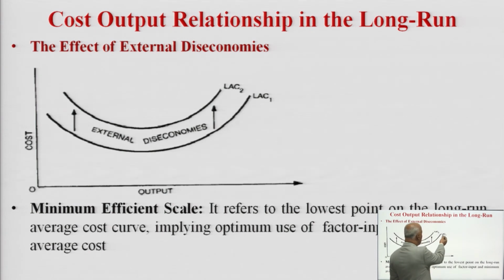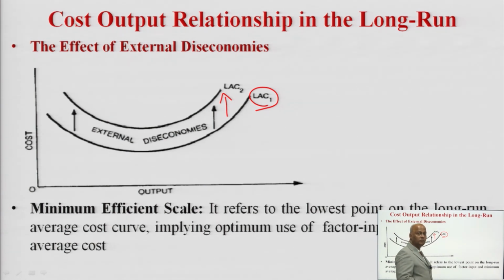Now this is the external diseconomies of scale. Because of that, your long run average cost curve is showing an upward shift because of the diseconomies of scale. And what are the external diseconomies of scale? Suppose the government has increased the taxation, or has stopped the subsidy given, or the maintenance cost of the machine rises because there is suddenly some problem in the machine.